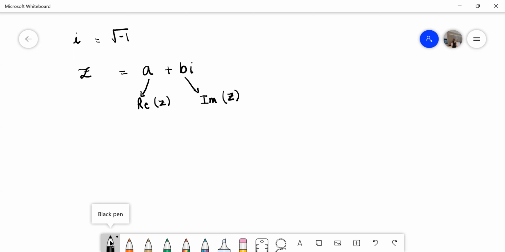Here, a and b both belong to real numbers. So Z, which is a complex number, is a combination of a real number a plus an imaginary number bi.